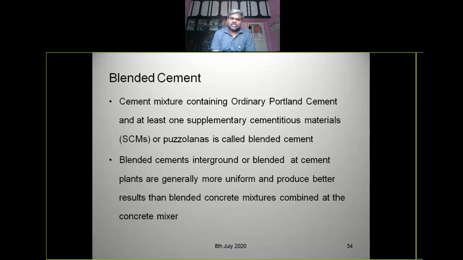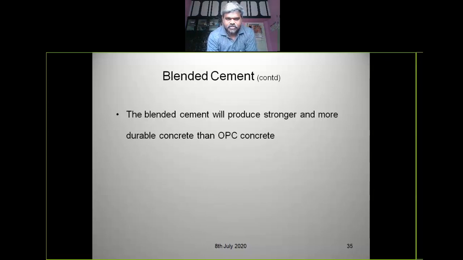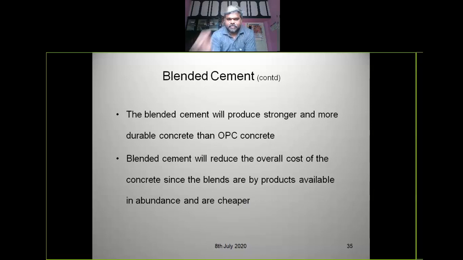Blended cements interground or blended at cement plants are generally more uniform and produce better results than concrete mixtures blended on site. Blended cement will produce stronger and more durable concrete than OPC. Blended cement will also reduce the overall cost of the concrete, since the blends are byproducts available in abundance and are cheaper, like fly ash.